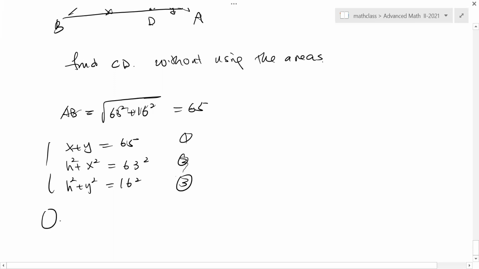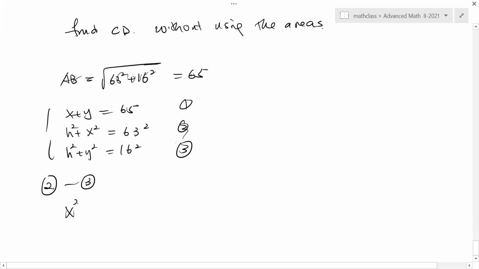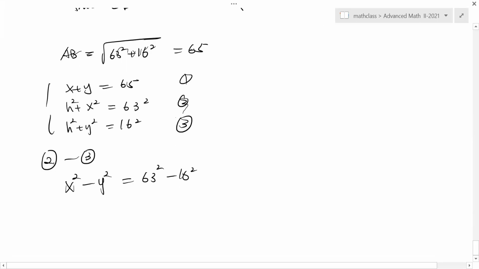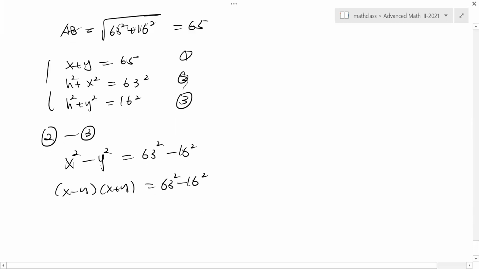And let's take a look at equation 2 minus equation 3. H is gone, so X squared minus Y squared equals 63 squared minus 16 squared. Now actually I can factor it, right? I'm not in a big hurry to multiply this out.